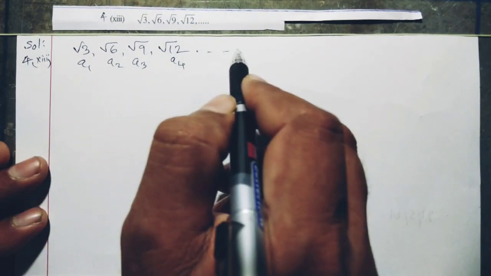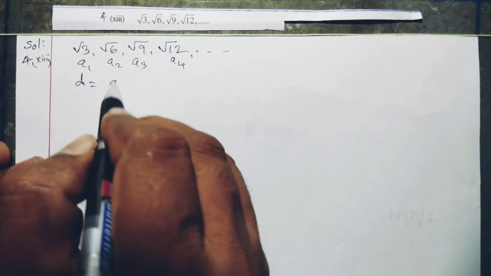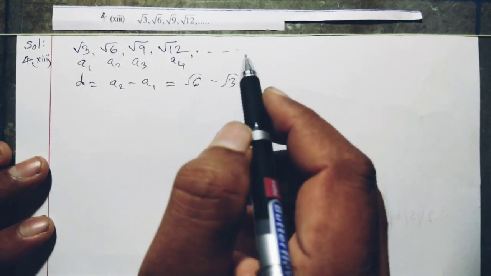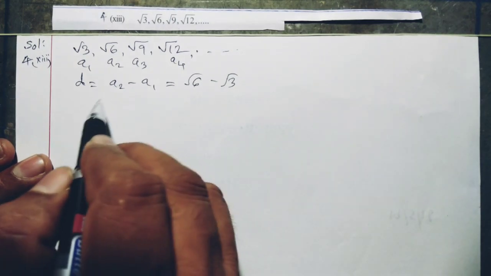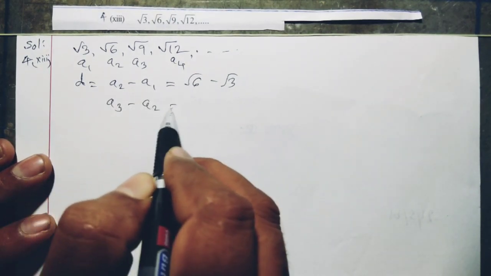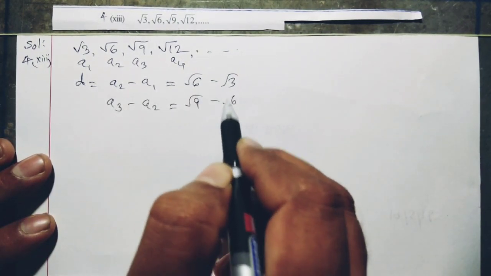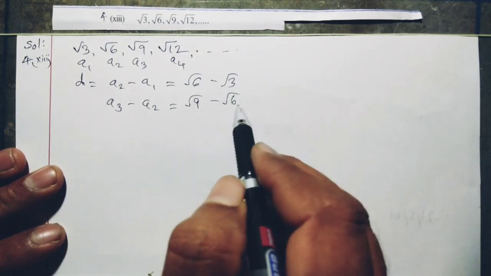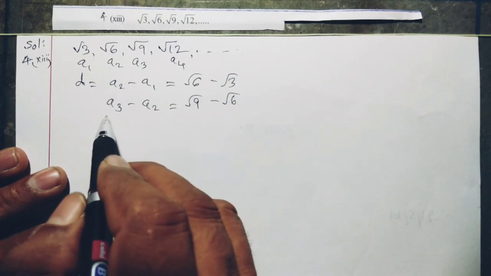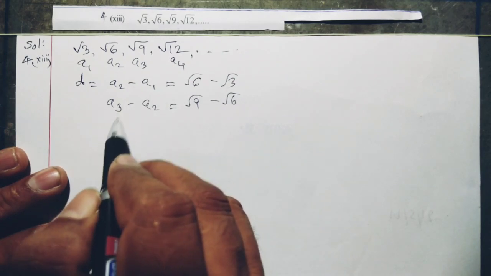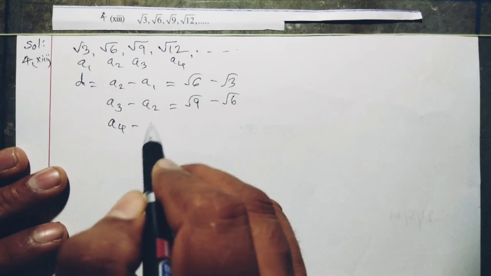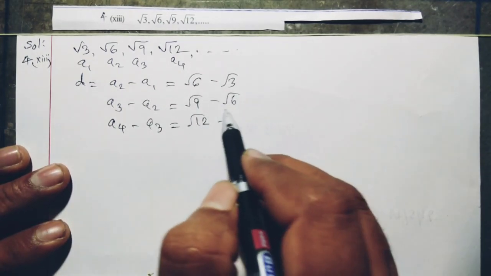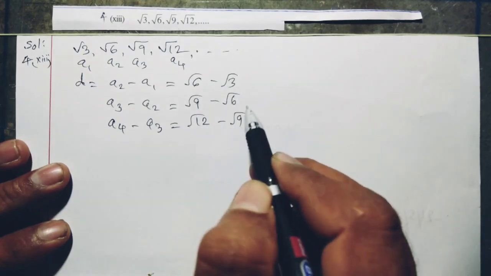Common difference d is a2 minus a1, which is root 6 minus root 3. a3 minus a2 is root 9 minus root 6. a4 minus a3 is root 12 minus root 9.